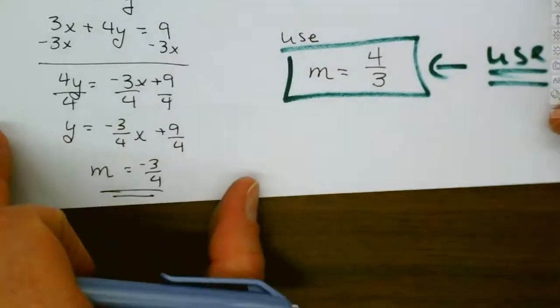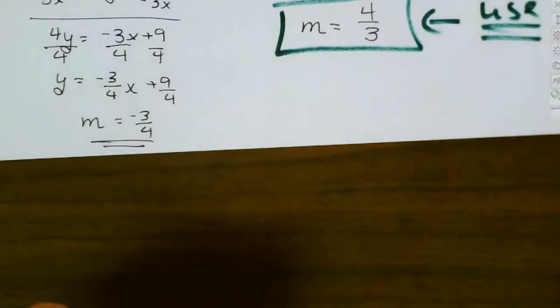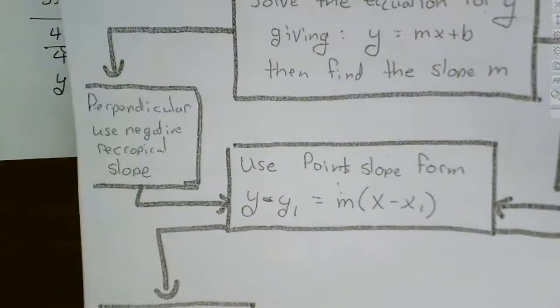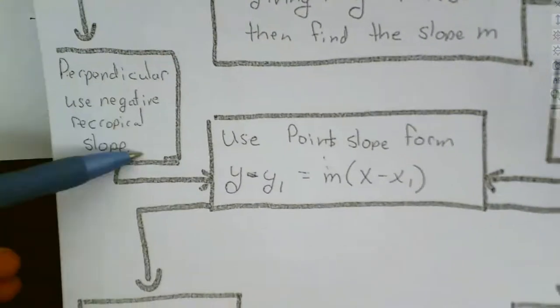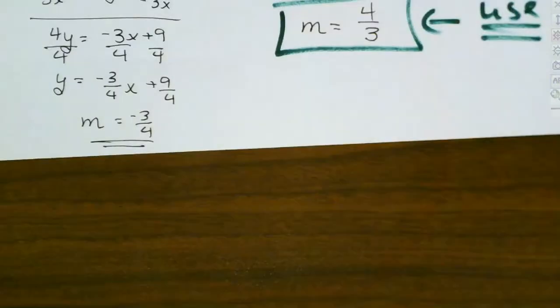Now, once we have done that, what's the next step in our flow chart? We're almost done. We went over here, right? Now we use point slope.